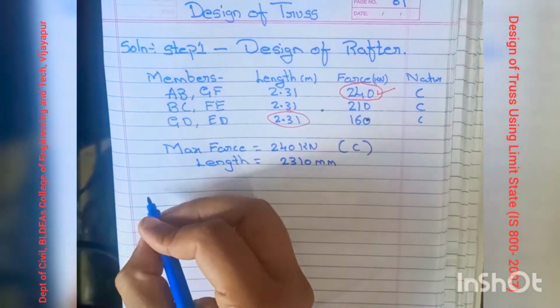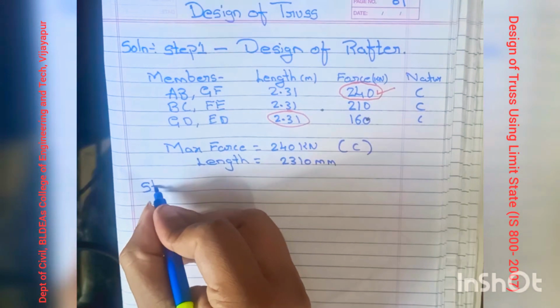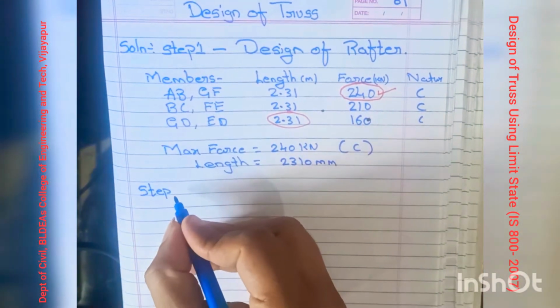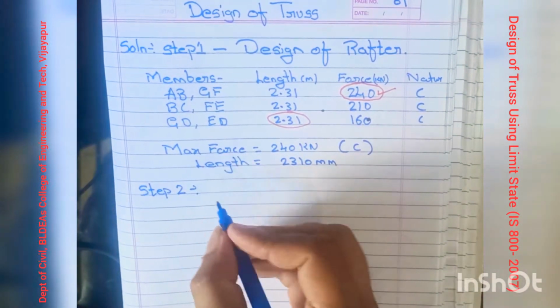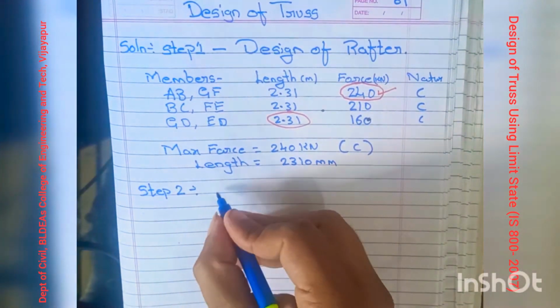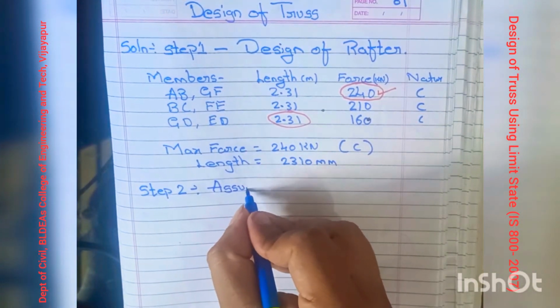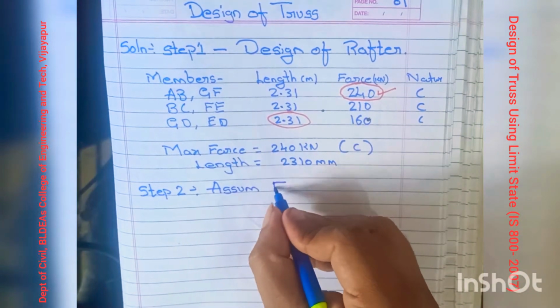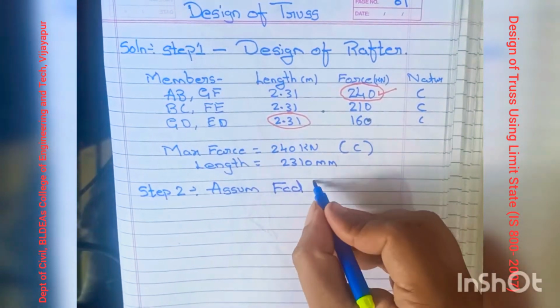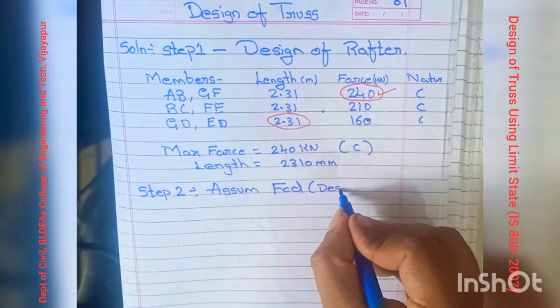Now the next step is to assume FCD, that is design compressive stress.